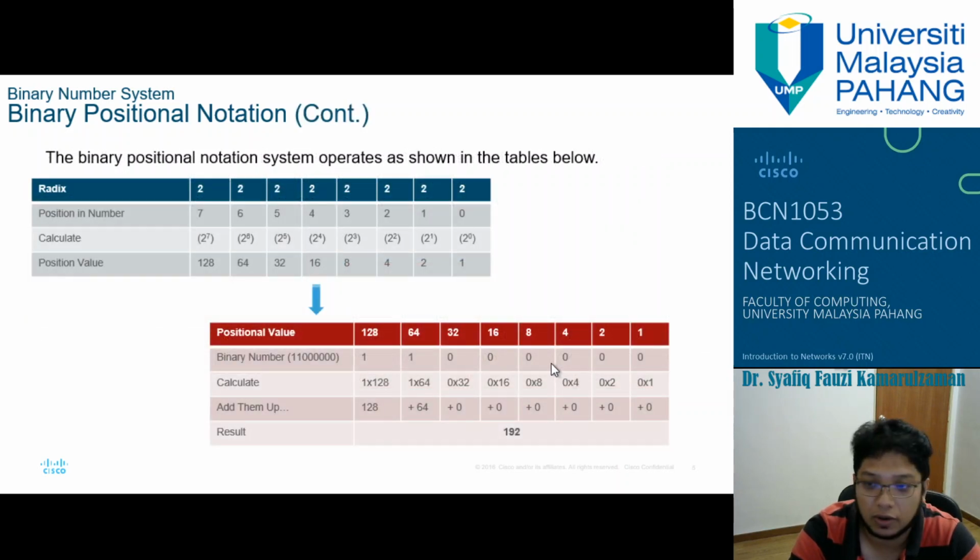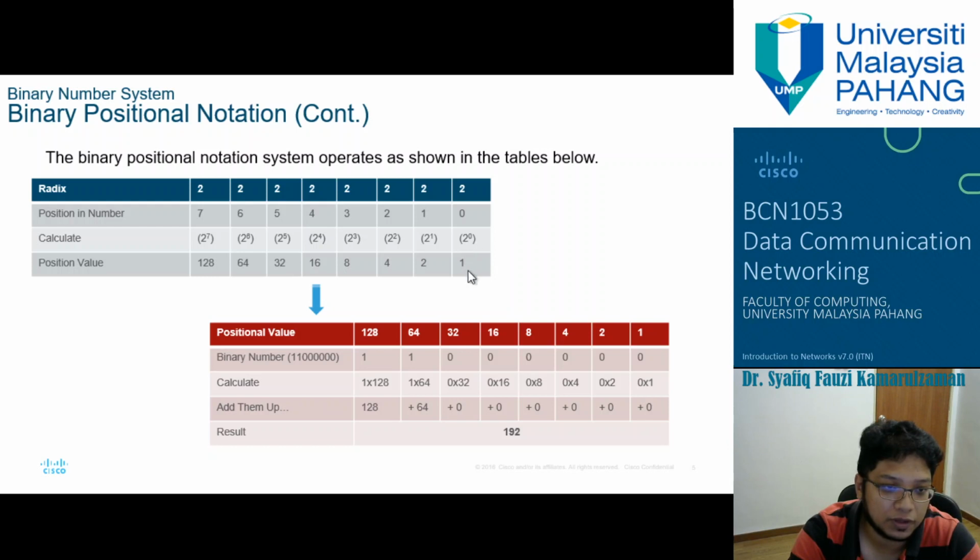Binary operates in a similar way. The ones position is 2 power of 0, the next is 2 power of 1, then 2 power of 2, then 2 power of 3, and so on, up until, in the case of 8 bits, 2 power of 7. Each of them represents a different value in decimal.